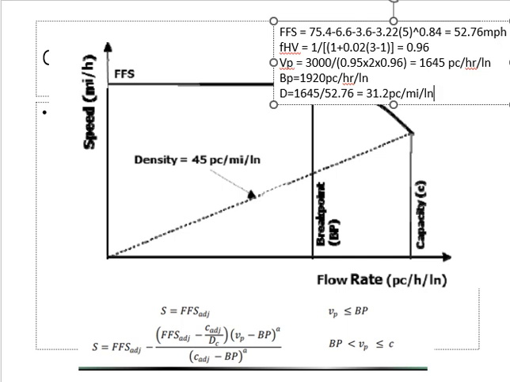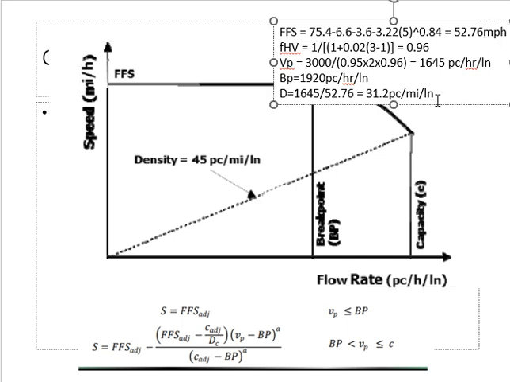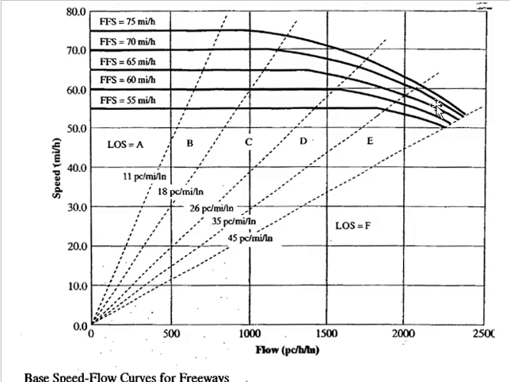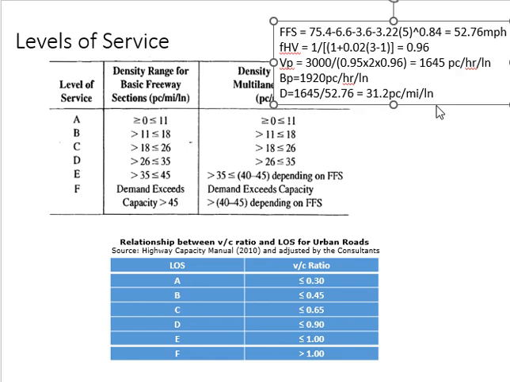Now we'll check the density for level of service. This is my table which gives me the density for each level of service. We have a freeway, that means the second column.